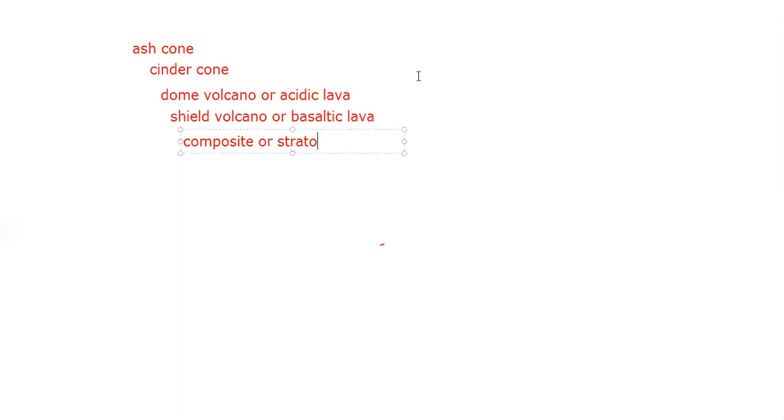Basically, this is the main vent. Then you have layer upon layer upon layer. So they have layers of volcanic material, and they are constructed from multiple eruptions. So they normally take hundreds of thousands of years to make, right?